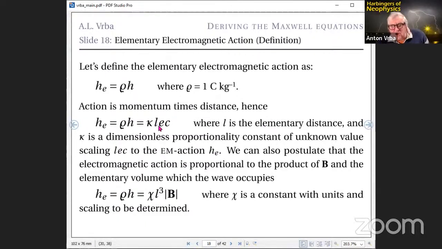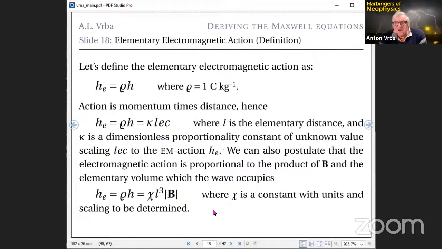Therefore, I can say H_E equals kappa L E, and the product of L_E and C. Kappa is basically a dimensionless proportional constant of unknown value at this stage, because I can't say; I need to bring in a coupling constant or a proportional constant here.